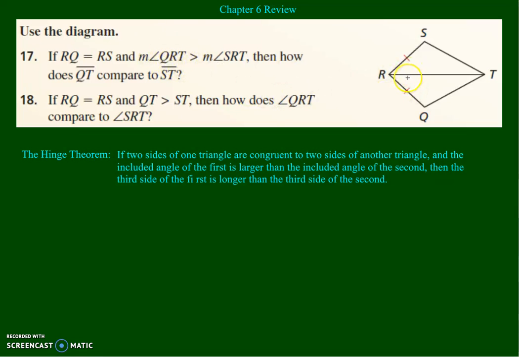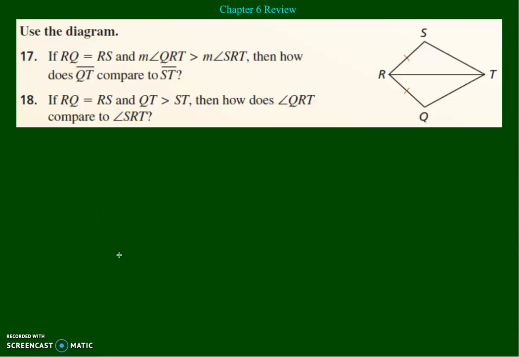QRT is bigger than SRT, which makes QT longer than ST. So for 17, we would say QT is greater than ST. And now for problem 18.